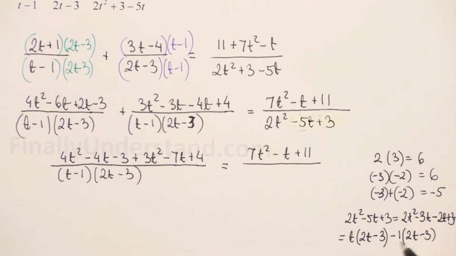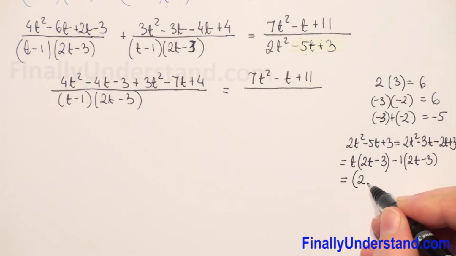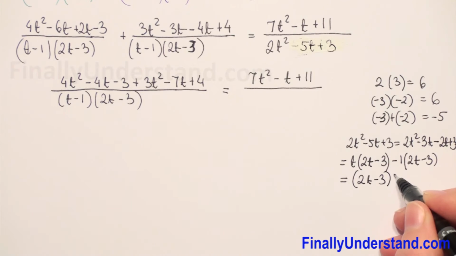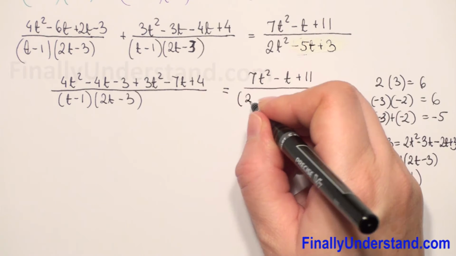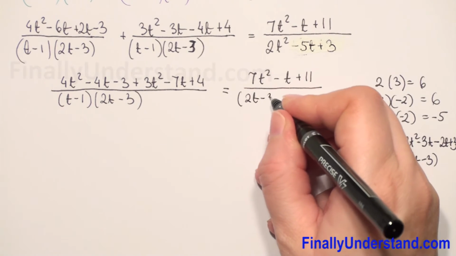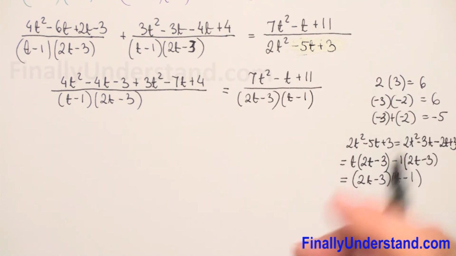The same expression in parentheses we have, so we can factorize this. So we have 2t minus 3 times t minus 1. We see that we got the same expression we had before. Now our denominator on the right side is equal to 2t minus 3 times t minus 1.